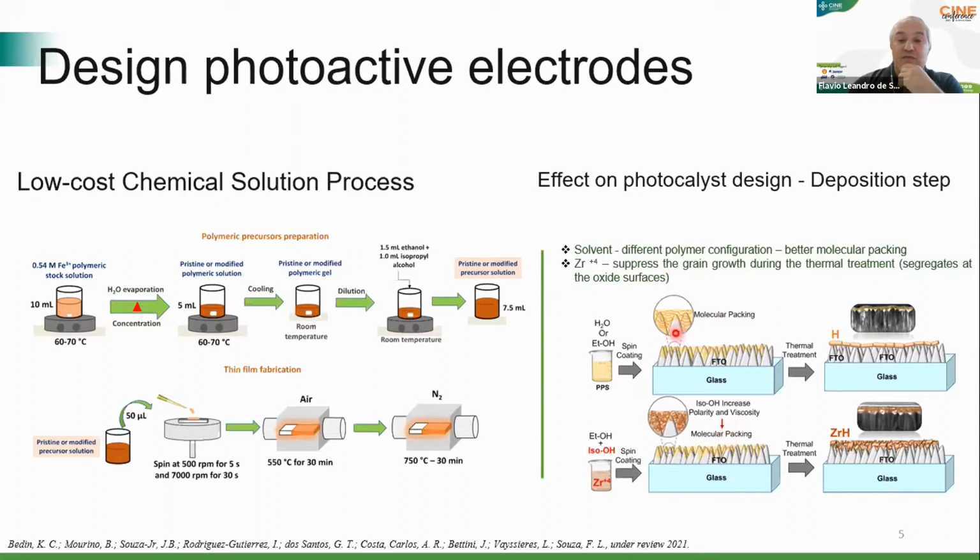And during the thermal treatment, for the elimination of the organic part, if we have success in adding the zirconium, it goes directly in between the grains and suppresses the grain growth, and maybe releases or reduces the stress in the competition between the FTO and the grain growth. This probably reduces this stress, and you make a better layer conformation, let's say like this.